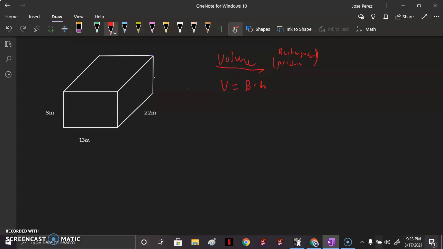And the surface area is SA equal to LA plus 2B.